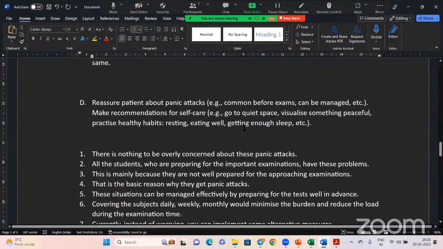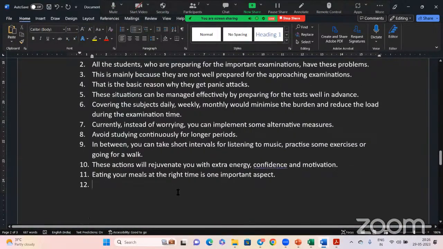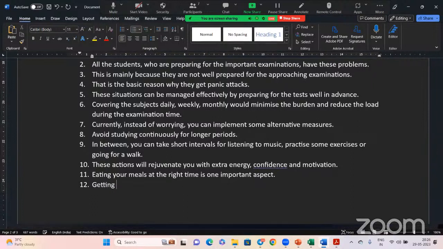Next one is sleeping, getting enough sleep. Getting the required amount of sleep plays a pivotal role.